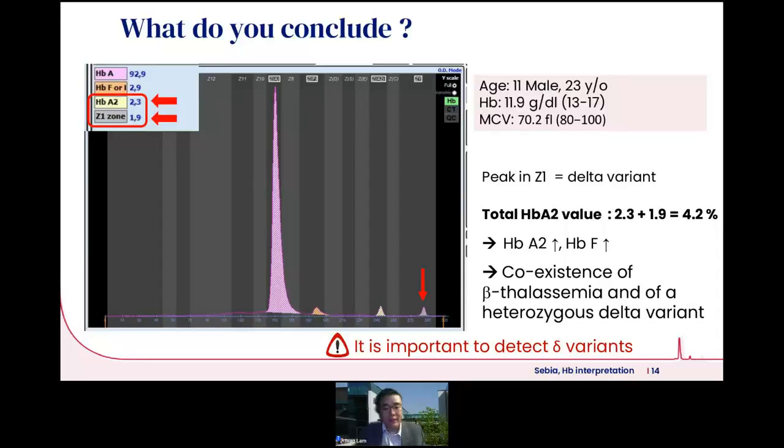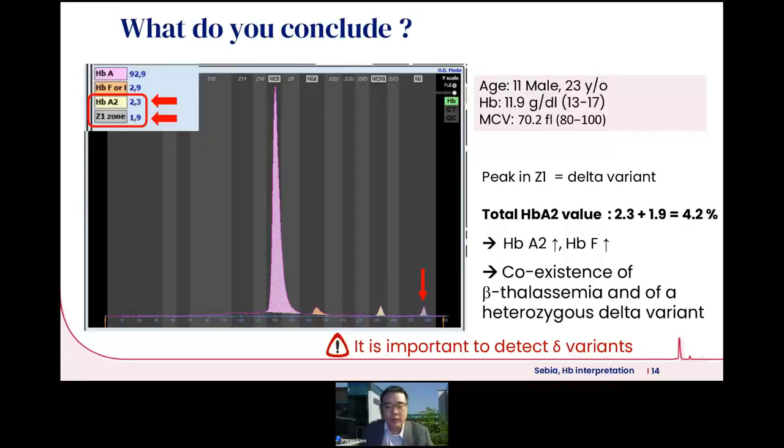So let's take a look at a typical case example. Here you have a male patient with hemoglobin level which is low, 11.9, out of the reference range, and also MCV that's low as well, out of the reference range.